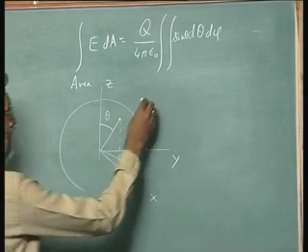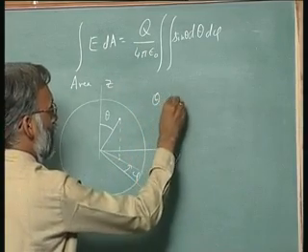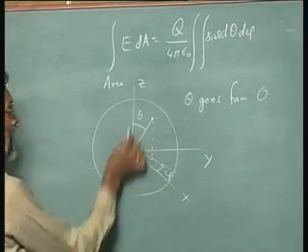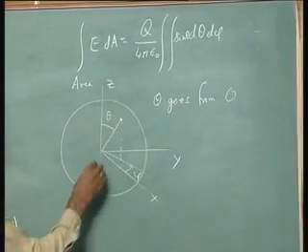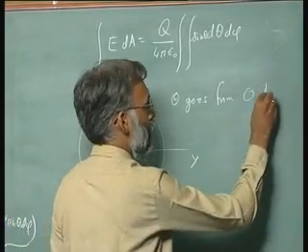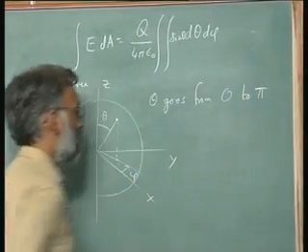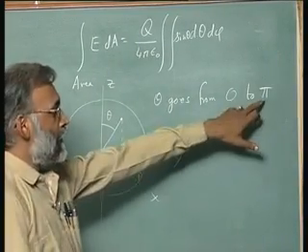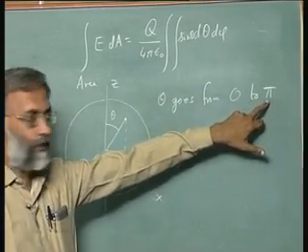So, clearly theta goes from 0 when it is aligned to the z axis all the way to the south pole. So, 0 to pi. I work in radians. So, pi radians is the same thing as 180 degrees.